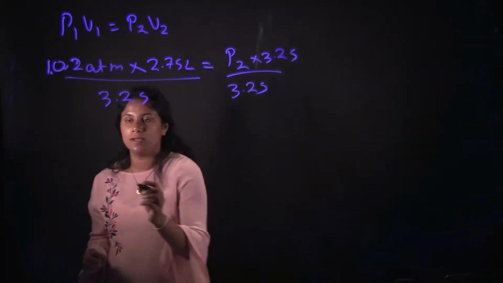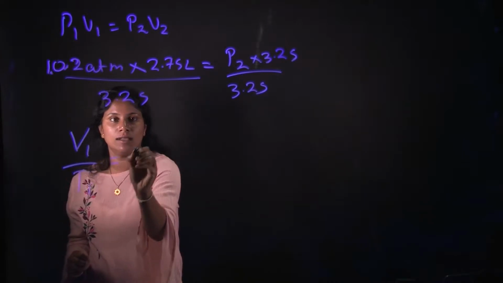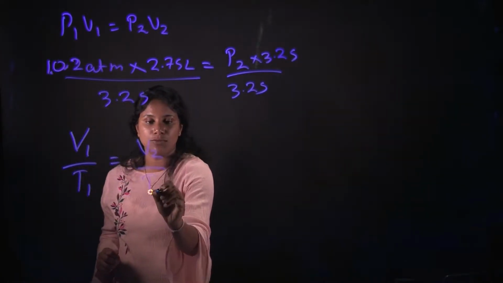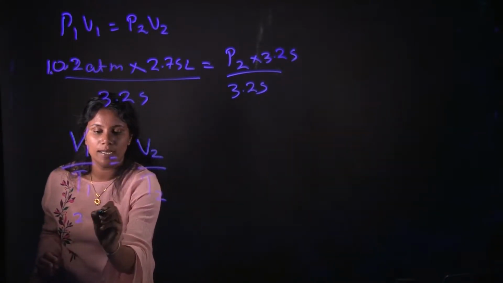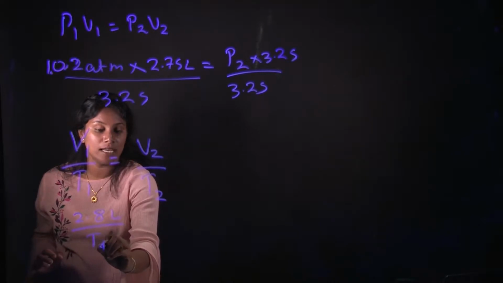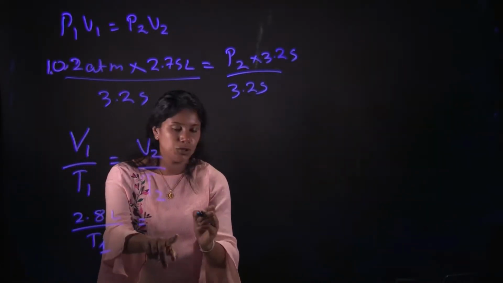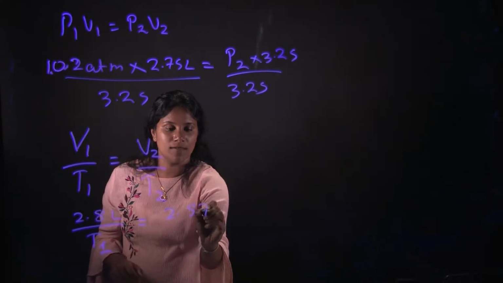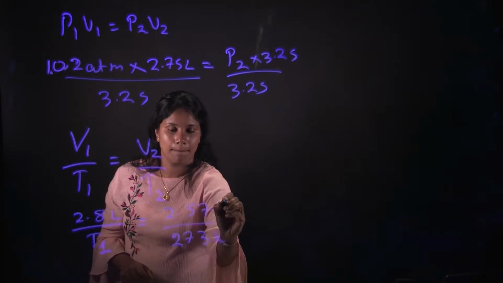So let me write the Charles' law. Let's try this question. V1 divided by T1 equals V2 divided by T2. Our V1 is given, which is 2.8 liters. Initial temperature is unknown. That's what we are looking for. V2 is 2.57. What is T2? 273 Kelvin.